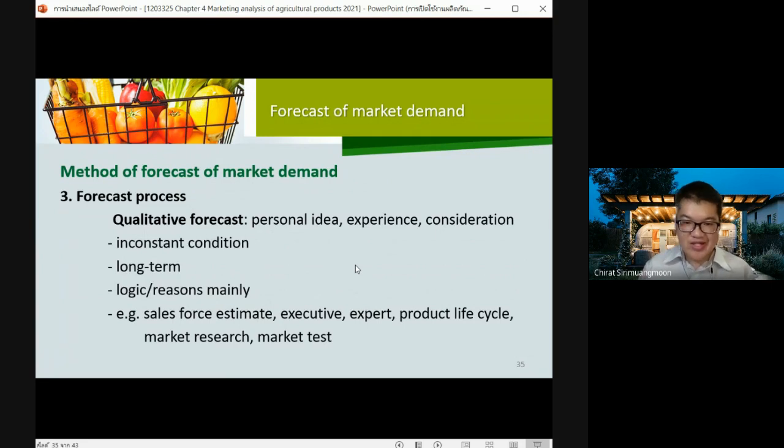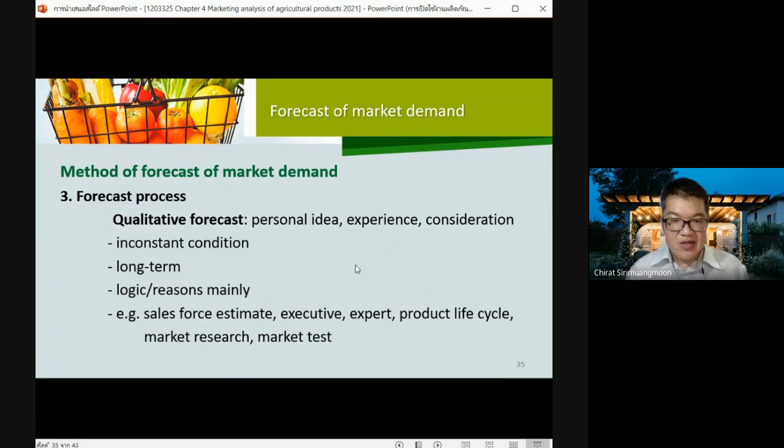So normally qualitative is used by combining with the quantitative. It's used when you have inconstant conditions or changing factors, like a huge change in the market's demand. Qualitative will be used for this case because if something changes a lot, the number might not be trusted. You cannot trust the number anymore. That is why sometimes you need to combine it all together.